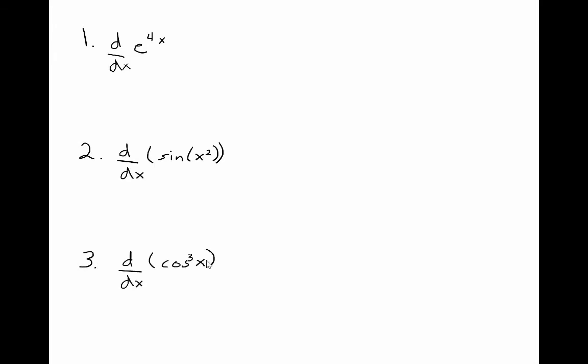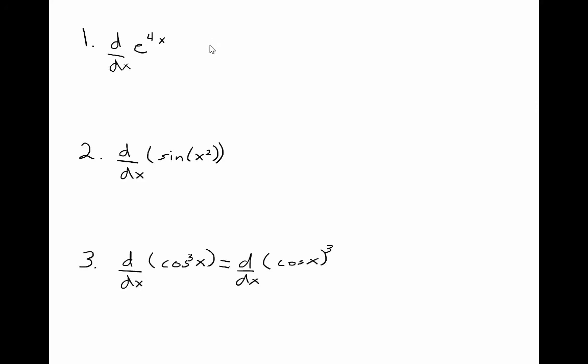The notation on this one may also be unfamiliar, depending how long it's been since you've dealt with trig. This means that cosine is cubed. So another way of writing this is that the function cosine of x is cubed. Go ahead and try those out, go discuss them in the forum, pause the video, and then press play when you're ready to go again.